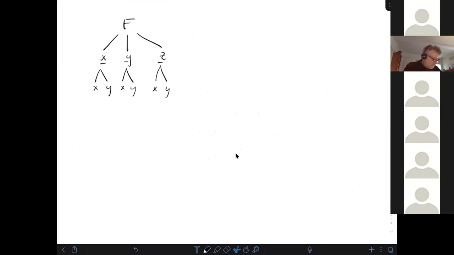So here we go. If I'm differentiating f with respect to x, the chain rule says that the partial derivative of f with respect to this x here is computed this way.